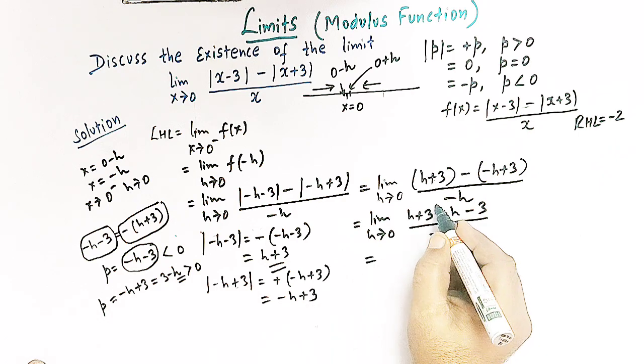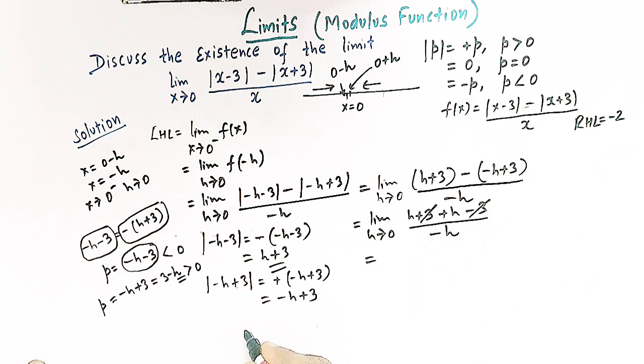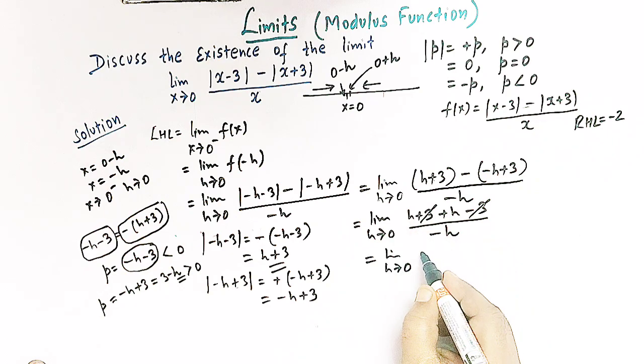So now again this 3 and this 3 get cancelled, right? And we are now left with limit h tends to 0. h plus h is 2h, and here we have -h.